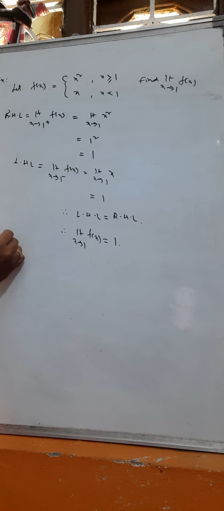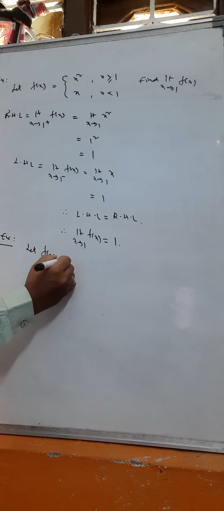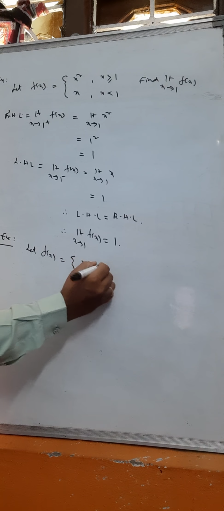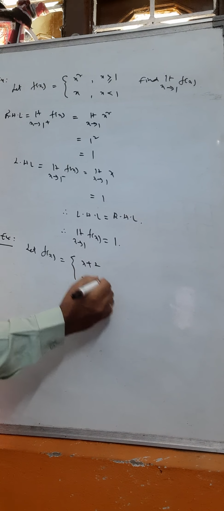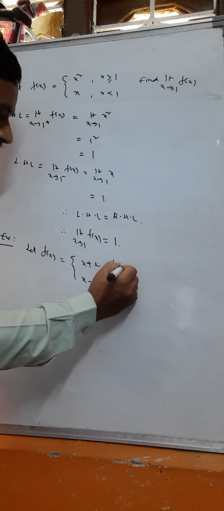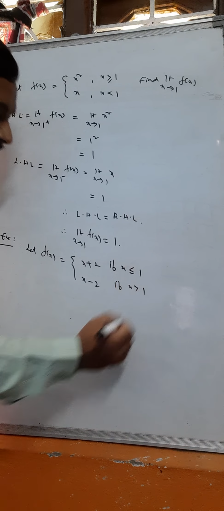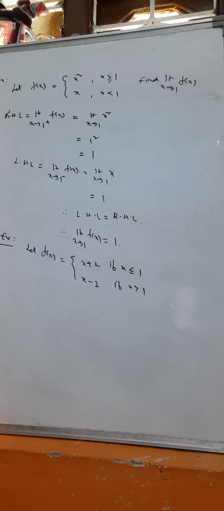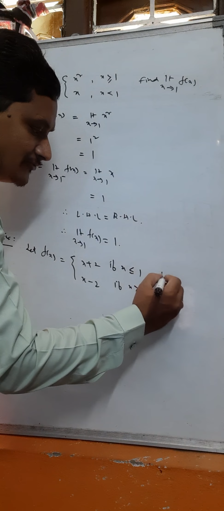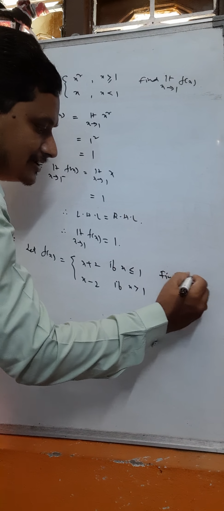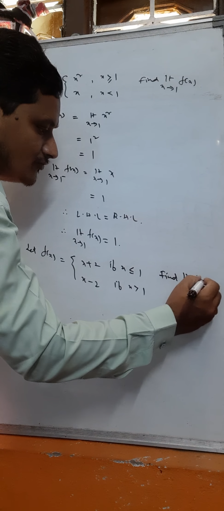Let me see one more example. Let f of x equal to x plus 2 if x is less than or equal to 1, and x minus 2 if x is greater than 1. Now let me find limit x tends to 1 f of x.